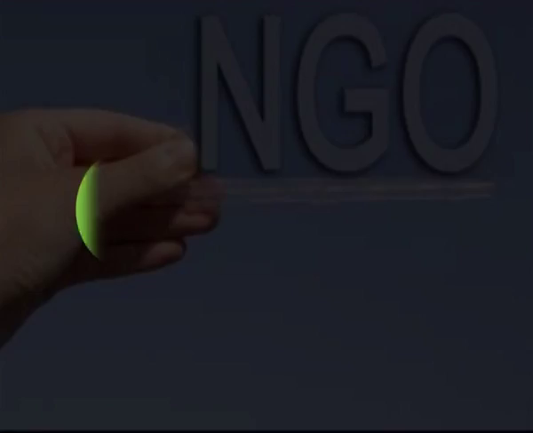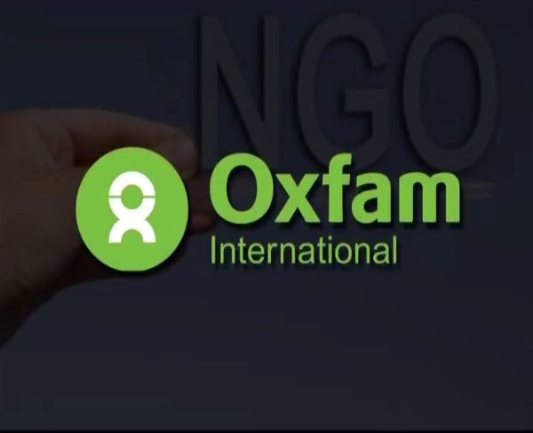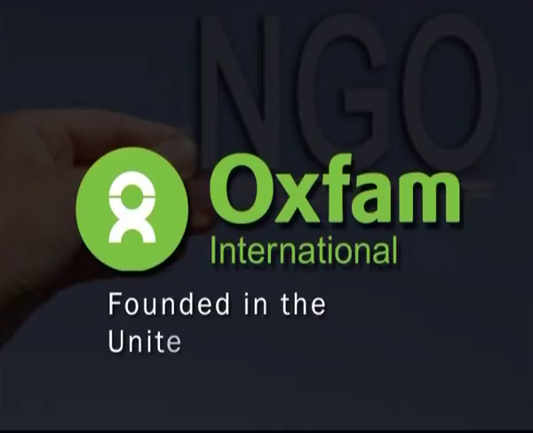Worldwide, the most important NGO in long-term international health is probably Oxfam International. Founded in the United Kingdom in 1943, it now has affiliates in 10 other countries, including the United States.